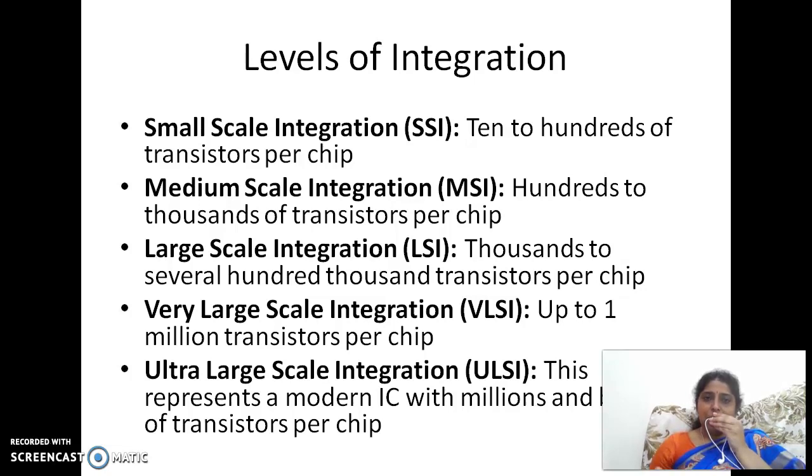Some hundreds to thousands of transistors per chip is medium scale. If we increase still more, thousands to several hundred thousands, that is large scale. Up to 1 million transistors per chip, it is very large scale. If we go for ultra large scale, still more. Like that, as levels of integration increase, the number of transistors increases.